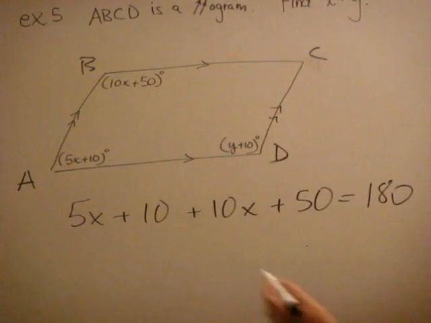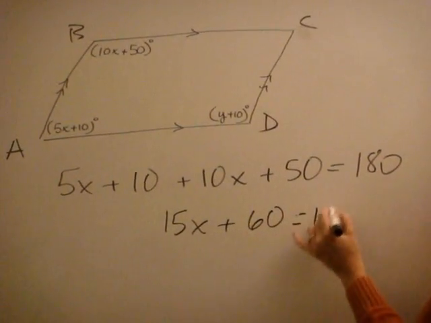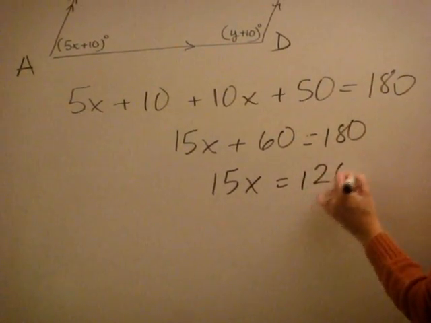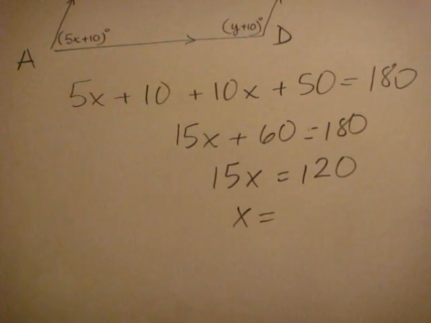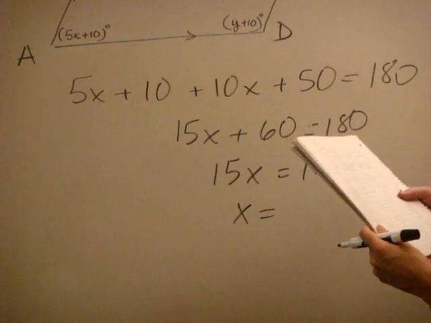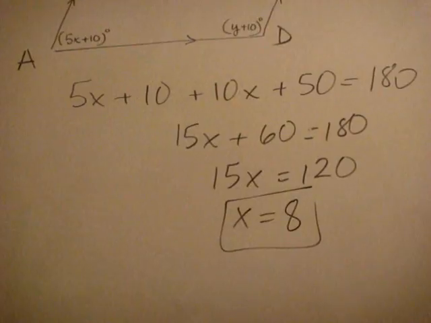So combine our like terms, so we get 15x plus 60 equals 180. 15x equals 120, and that gives us x is equal to, I just do this in my head when I'm on film, this equals 8. So we have x equals 8.